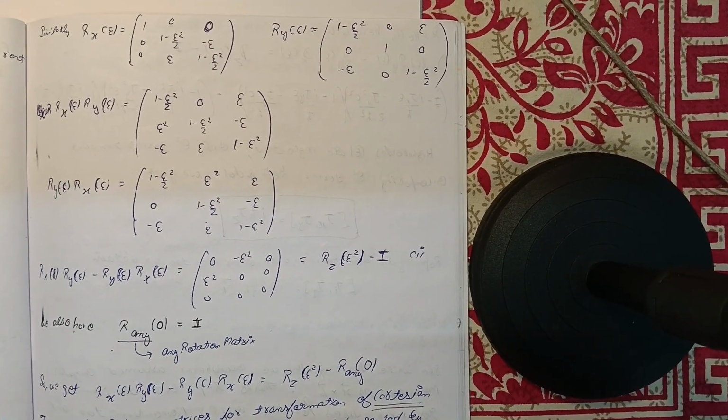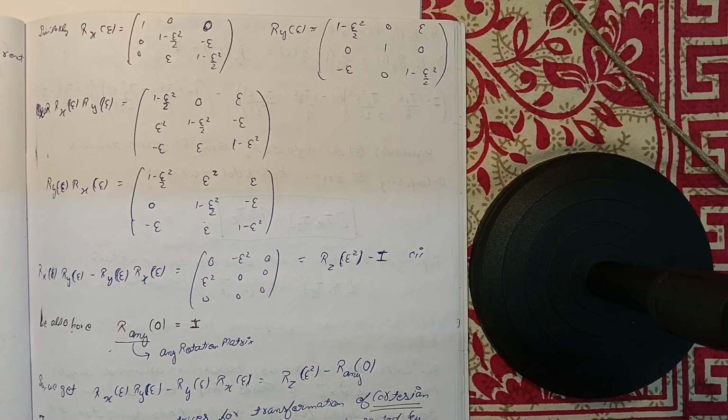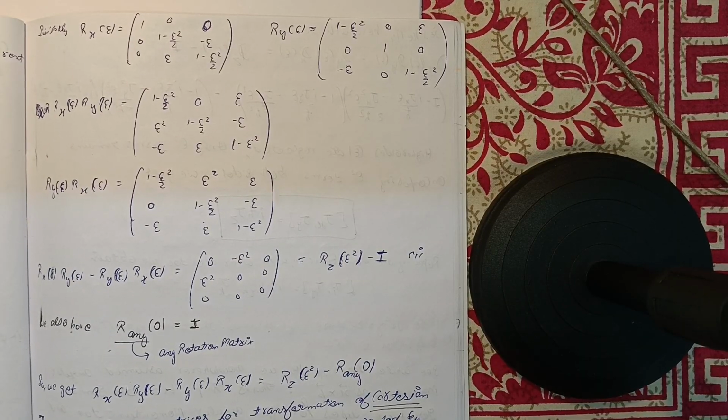I have not written what Rx and Ry look like for small epsilon, but as I have shown for Rz, the same you can show for Rx and Ry also. So till now it's clear.